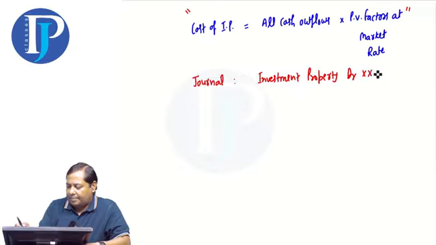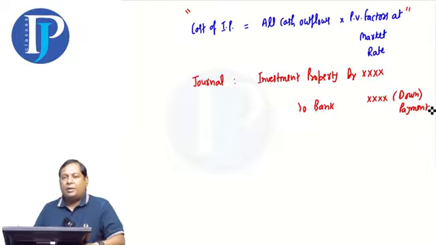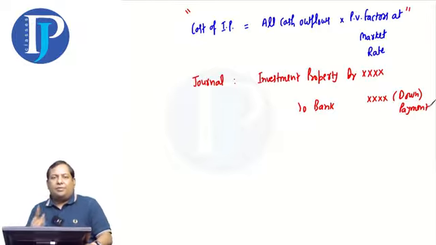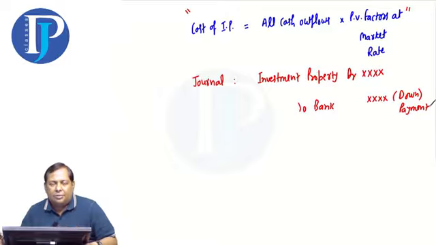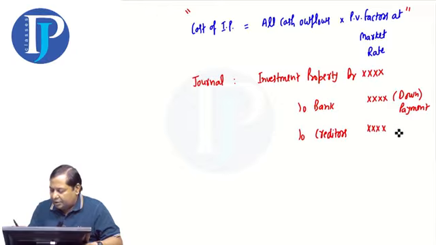Investment property debit, to the bank. The payment to the bank will occur only with the down payment. You know that the down payment is your cash outflow and the PV factor of 1 will be applied to it. And your future payments will be discounted. To creditors. The money that you have not paid will be booked under the name of creditors.